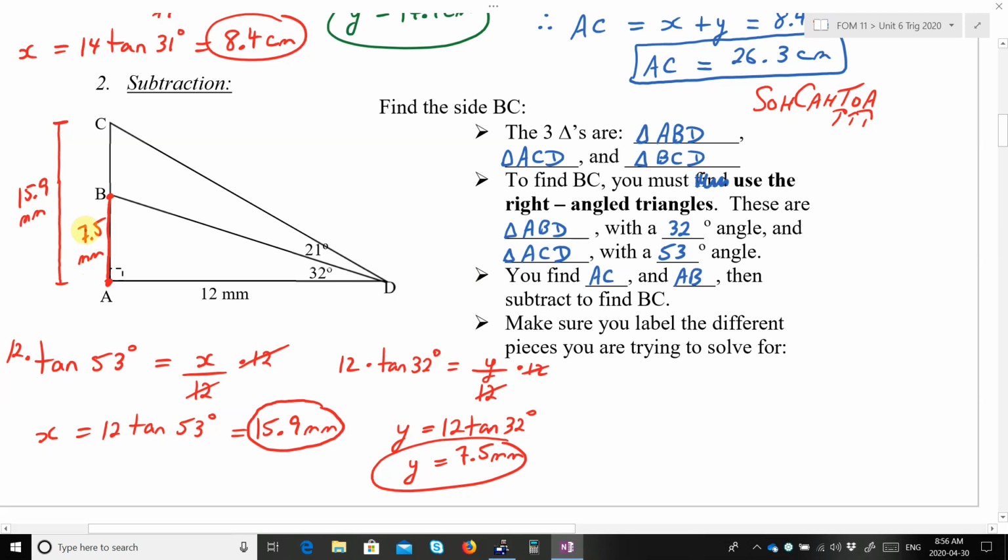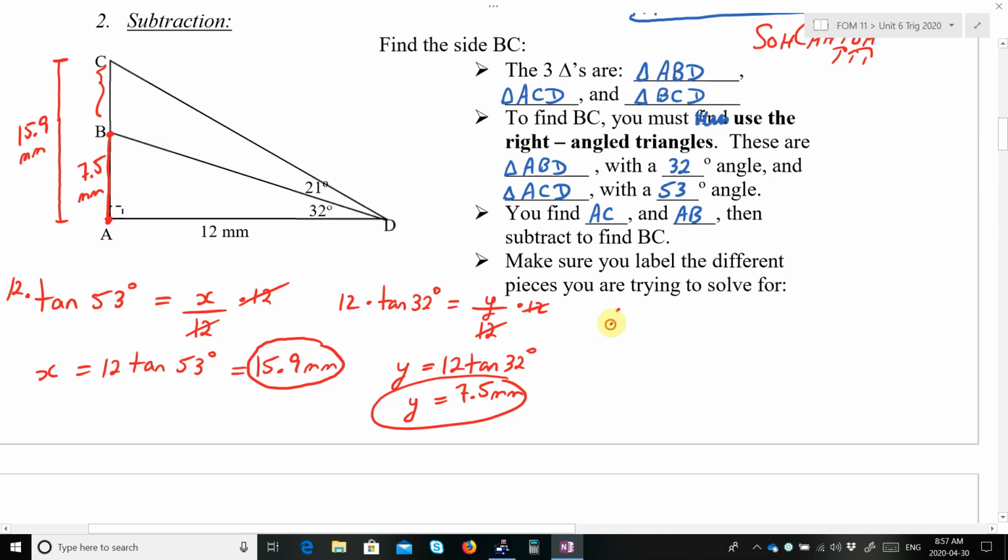Okay, and so hopefully you can see, guys, that if we subtract 7.5 from the 15.9, it will leave us that BC that they want us to find. So we can say, therefore, BC is equal to, we called this length x, by the way, and this one y, so it will be x minus y. 15.9 millimeters minus 7.5 millimeters.